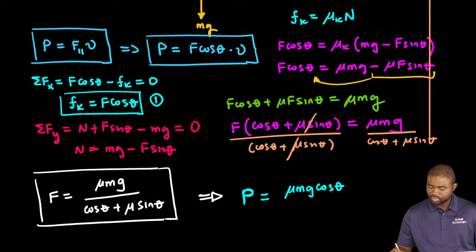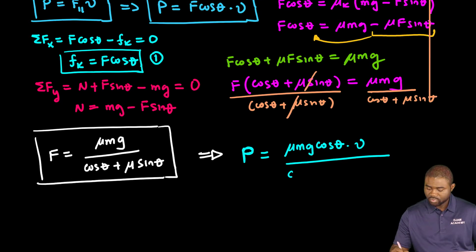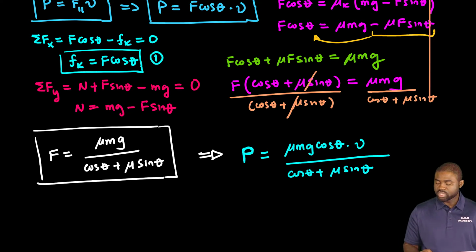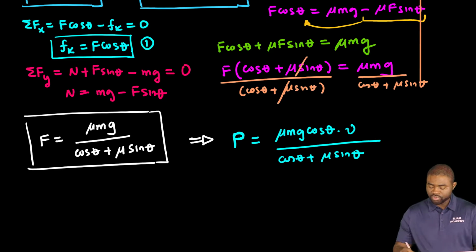cosine theta multiplied by v divided by cosine theta plus mu sine theta. We can actually further simplify this by dividing both the numerator and the denominator by cosine theta. If we do so, we will end up with a beautiful equation.